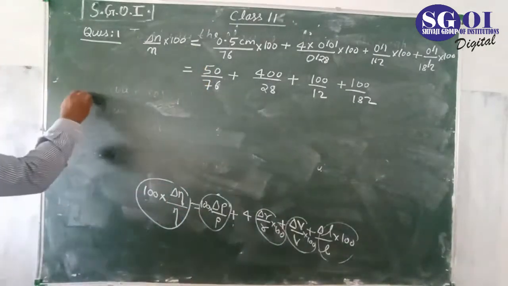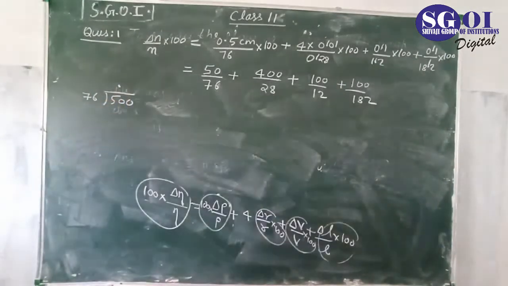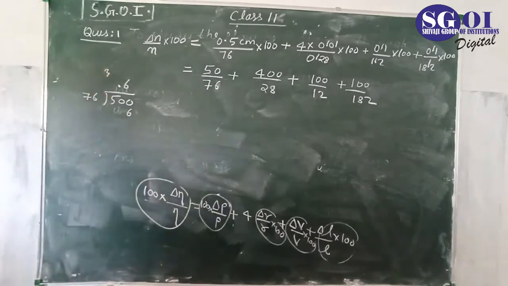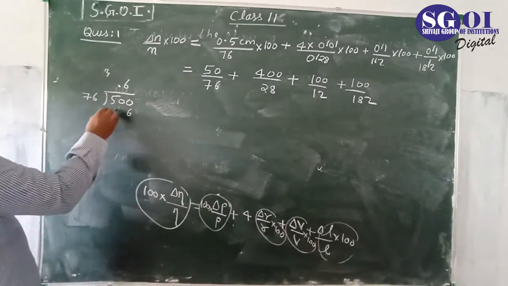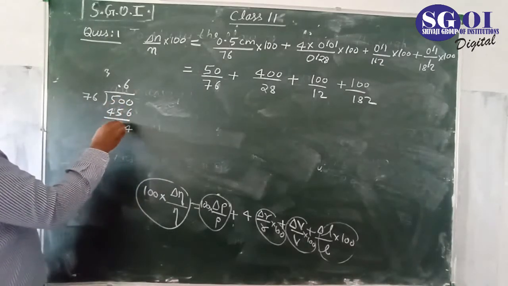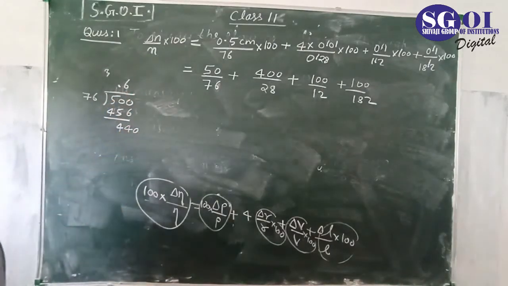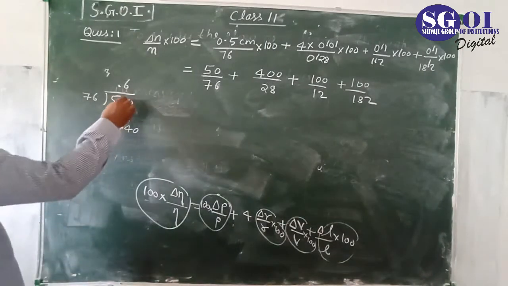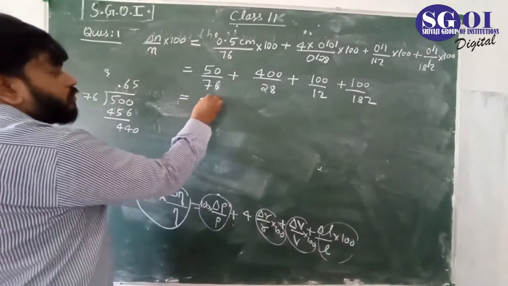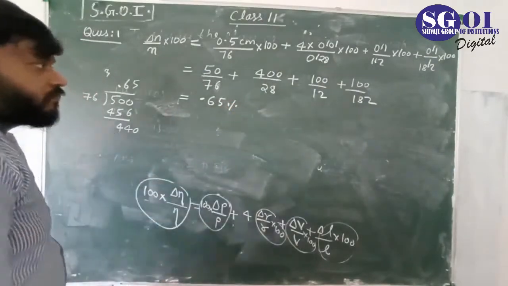So just divide 50 by 76. This is 0.65 and we have multiplied by 100, so it is in percentage.